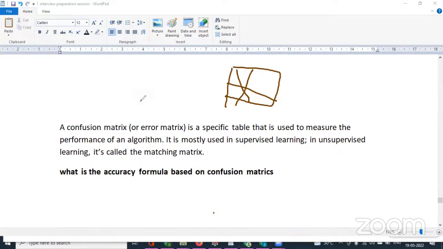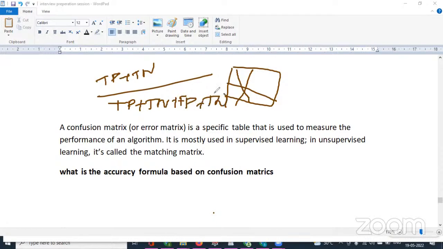So the correct answer is, yeah, Venki, that is right: true positive plus true negative, divided by the total, that is true positive plus true negative plus false positive plus false negative. This is the accuracy formula based on the confusion matrix.